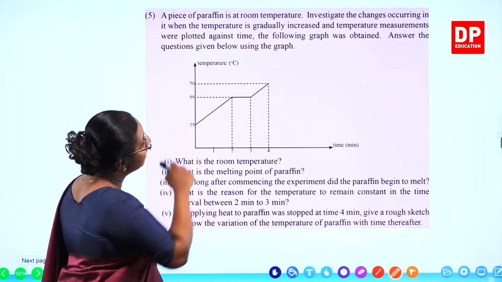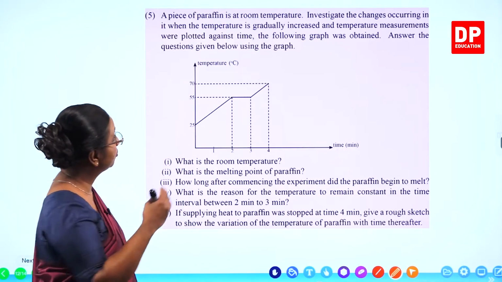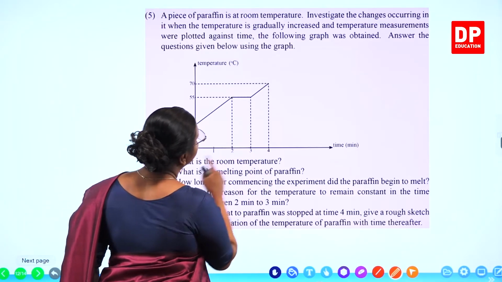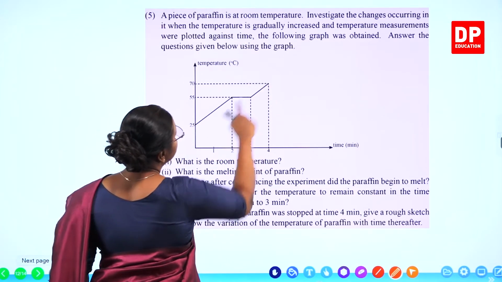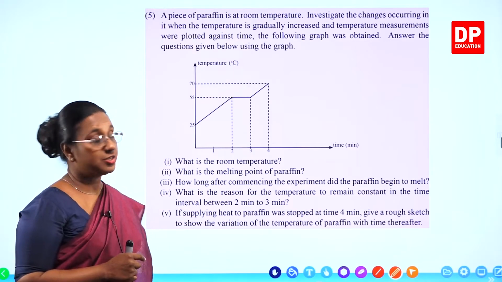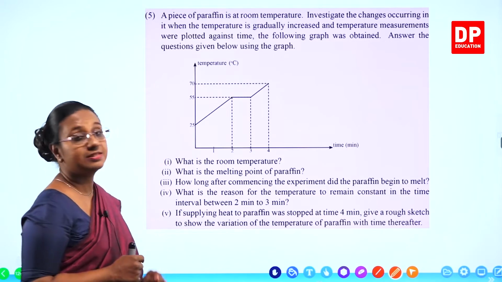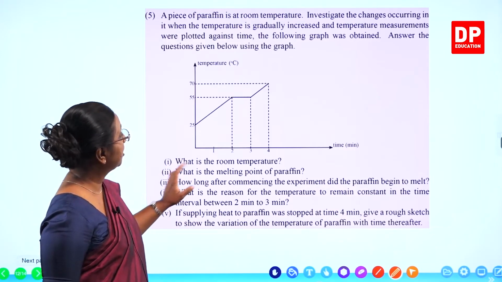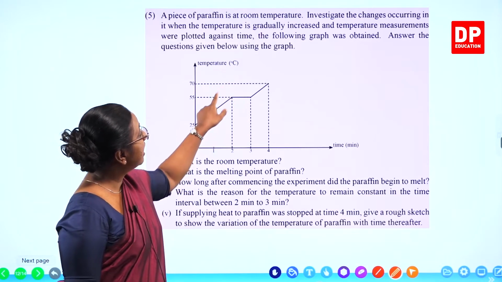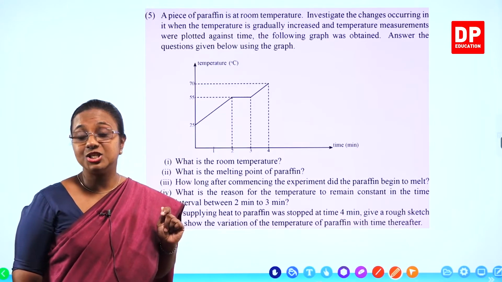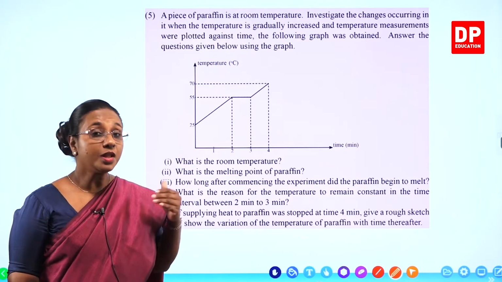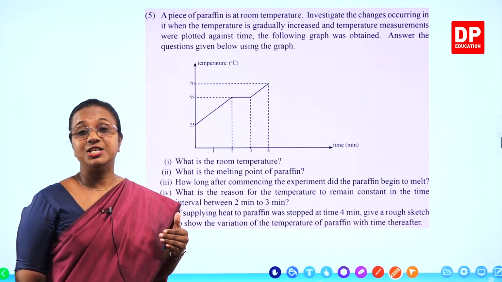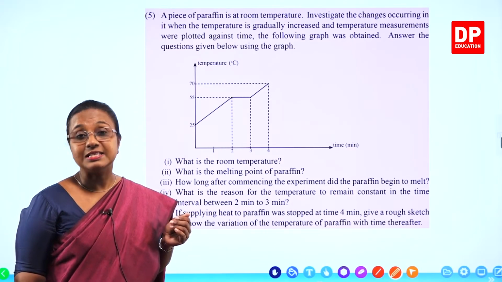And then still they are heating the paraffin. From 3 to 4 minutes, again there is an increase in temperature from 55 degrees Celsius to 70 degrees Celsius. So from this graph, you can understand there is a state change taking place. Normally when you provide heat and the temperature doesn't change, there will be a state change.